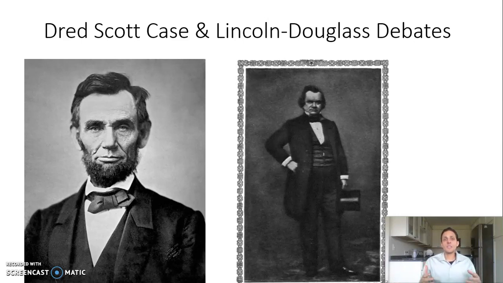In this case, famously, you have a slave who wants to sue for his freedom. And his logic is that he was taken from a slave state into a free territory. And because he's residing in a free territory for an extensive period of time, he believes that the laws that make him a slave no longer apply. So he sues in the Supreme Court.